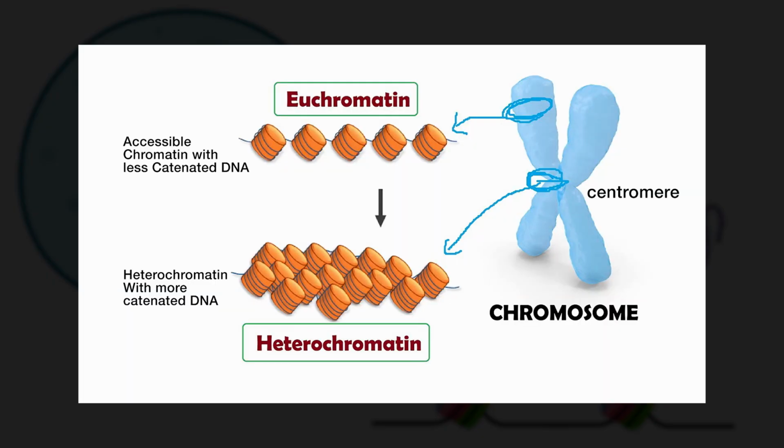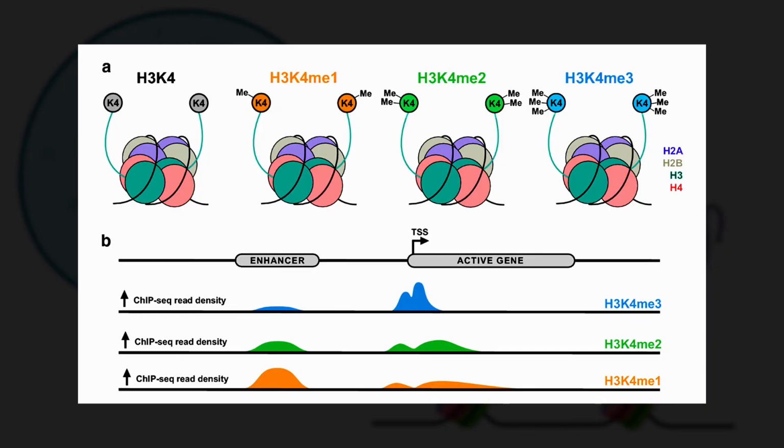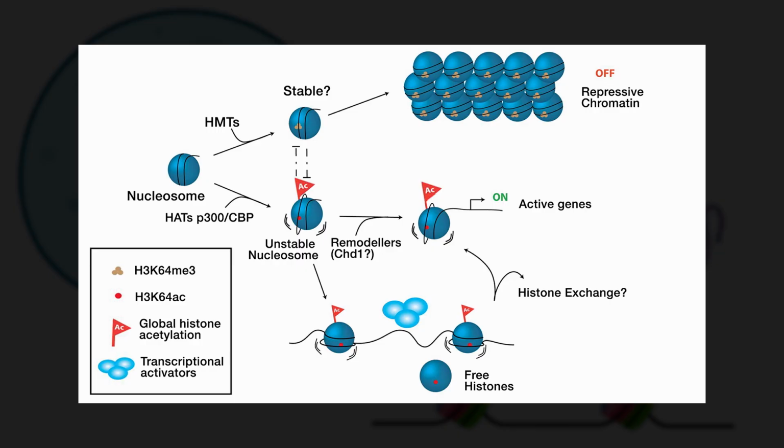Euchromatin is loosely packed and transcriptionally active, enriched in gene-rich regions accessible to transcription factors and RNA polymerase. It often carries activating histone marks such as H3K4me3, which is histone H3, lysine K at position 4 trimethylated, associated with active gene promoters, and histone acetylation, which promotes transcription.